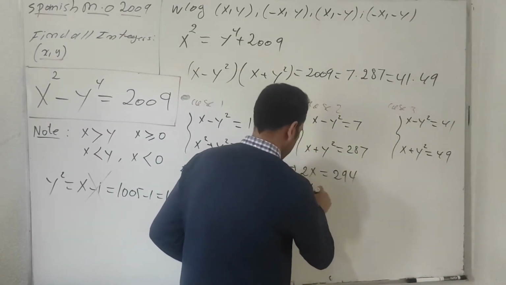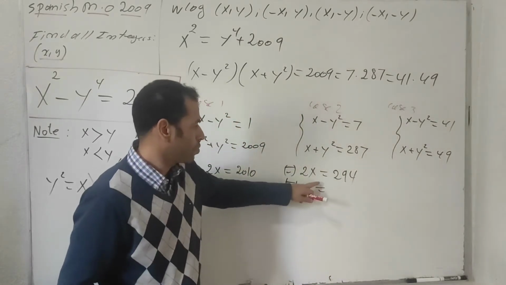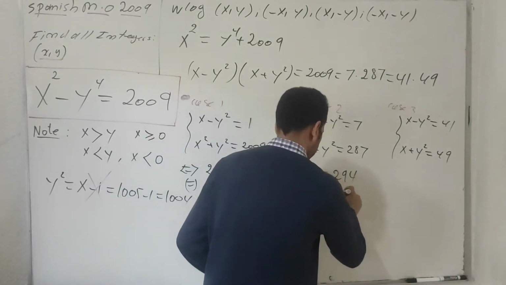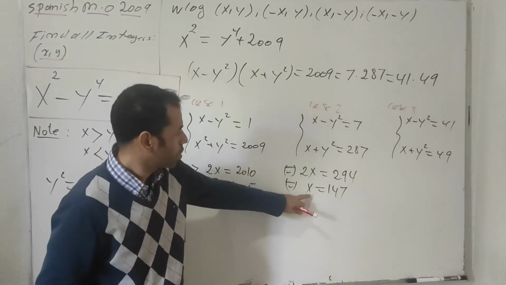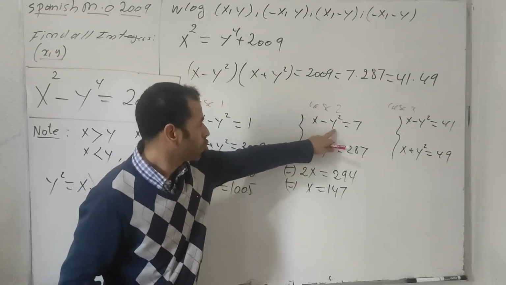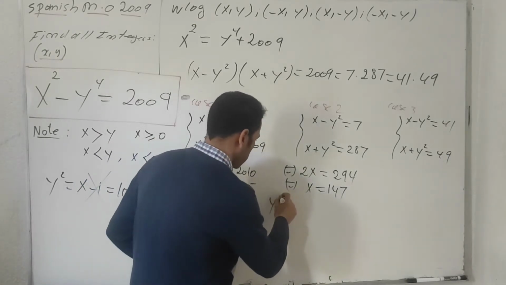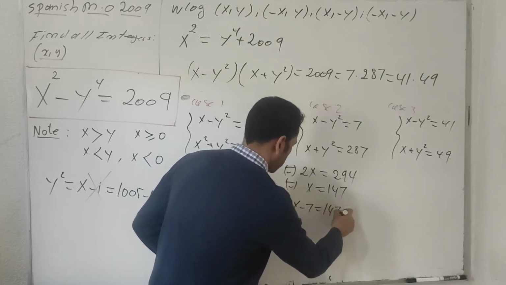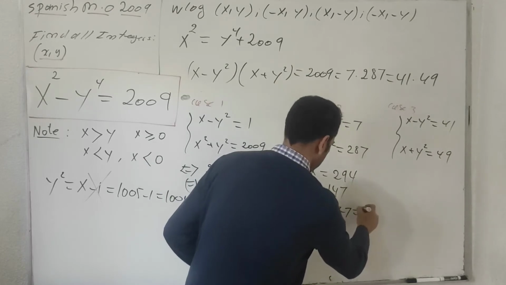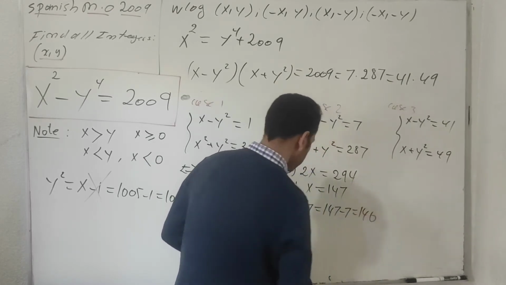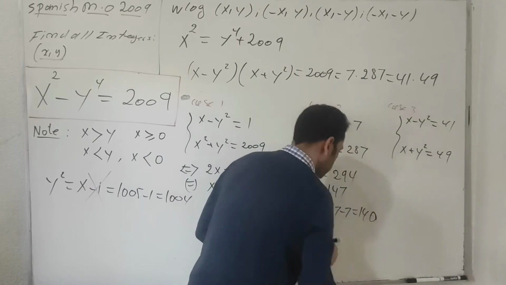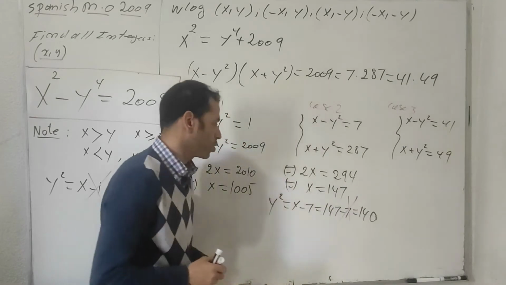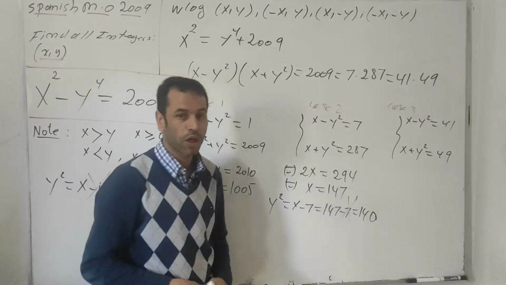Dividing both sides by 2, I get x equals 147. I simply insert x into the first equation to extract y, so y squared equals x minus 7, which is 147 minus 7, which is 140. But 140 is also not a perfect square, so it's not going to be a solution.